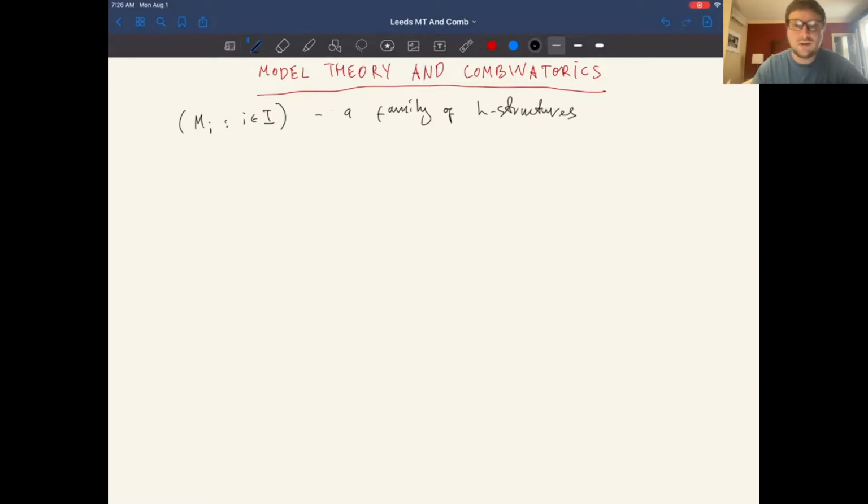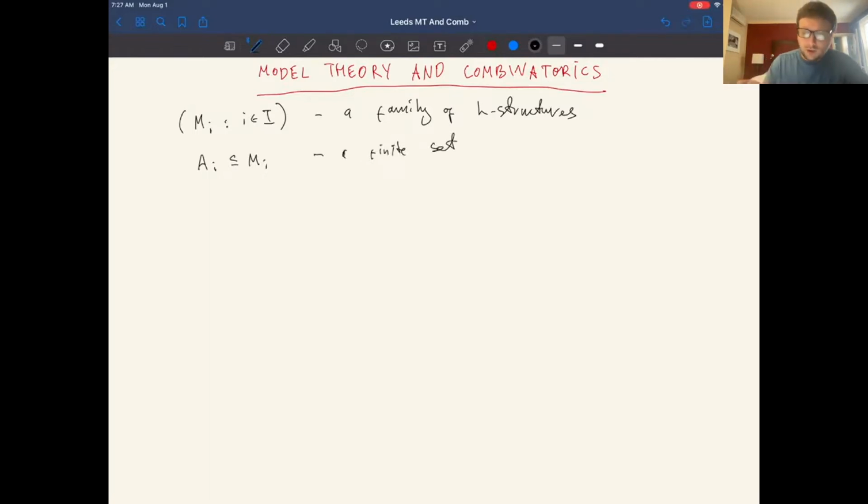And in fact, very often we will be in the situation that this is just a single structure. So typically M_i will be just the same structure M for all i. Okay, so we're given a family of structures like this, and assume that for each i, we have some finite subset of the model. So let's say A_i, a subset of M_i, a finite set for each i, okay?